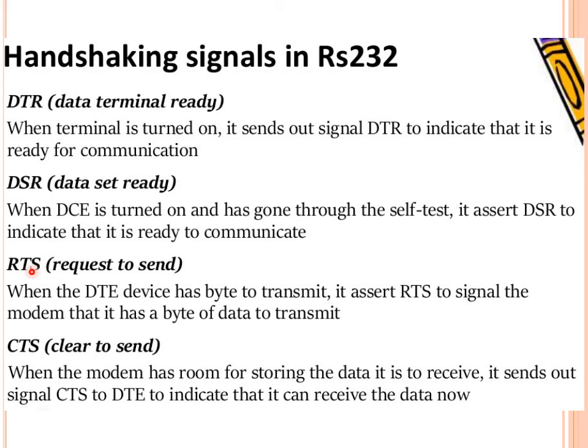Next is RTS, request to send. When the DTE device has a byte to transmit, it asserts the RTS signal to tell the modem that it has a byte of data to transmit. Next is CTS, clear to send. When the modem has room for storing data, it sends the CTS signal to the DTE to indicate that it can receive the data now.